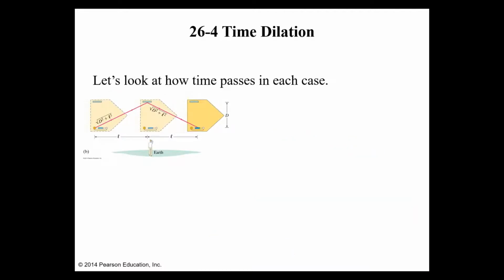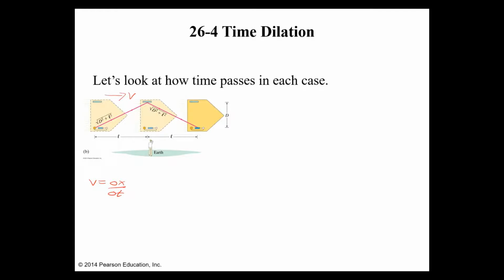Now we're going to consider the same timer as it moves forward at some velocity v. Now you have your light source here. By the time it reaches the mirror over here, and then bounces back and hits the receiver, it's over here. So again, velocity is equal to change in position over change in time.